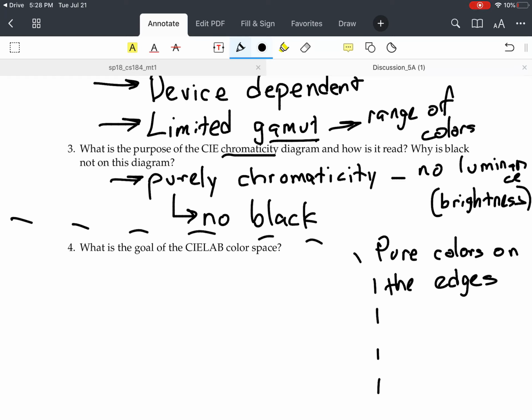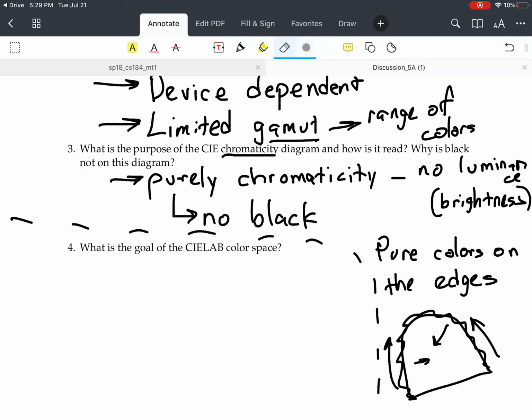The pure colors are all along the edges, and then as you go inwards, the colors become more and more desaturated. Some of you may have heard the concepts of hue and saturation. Those are the two things that vary on this CIE diagram. The hue varies around the edge, and the saturation varies as you go in to the center of the diagram.